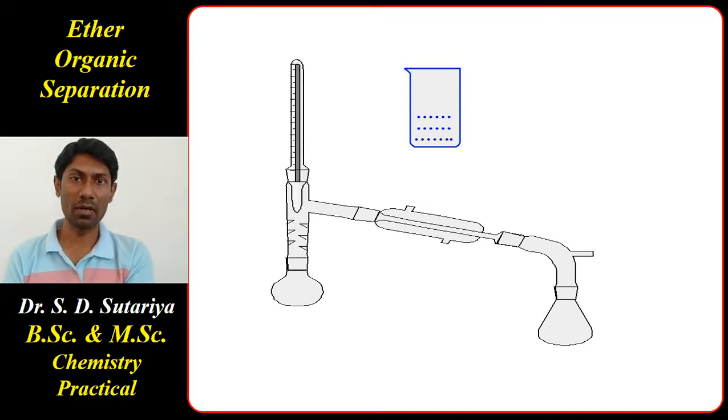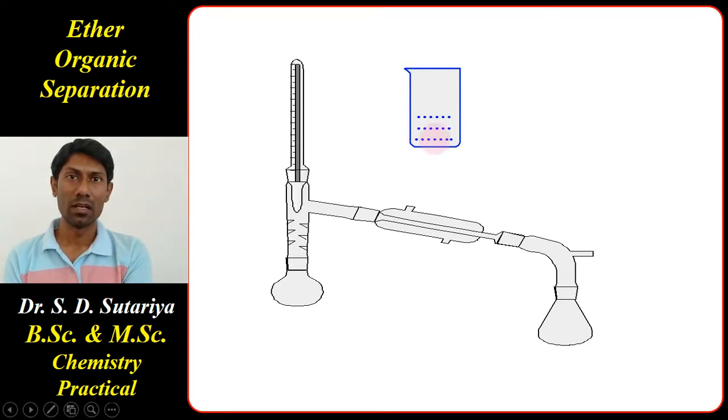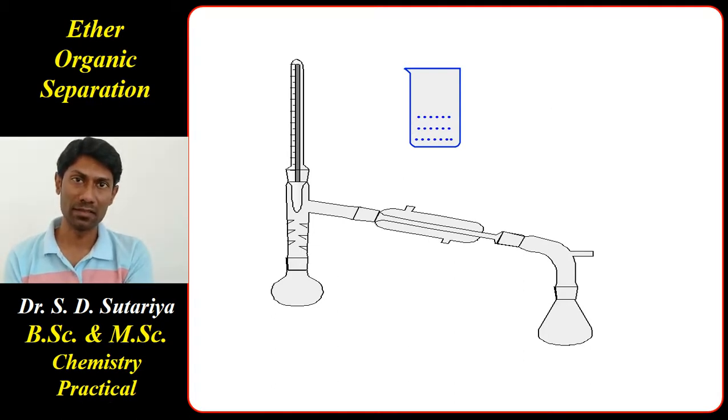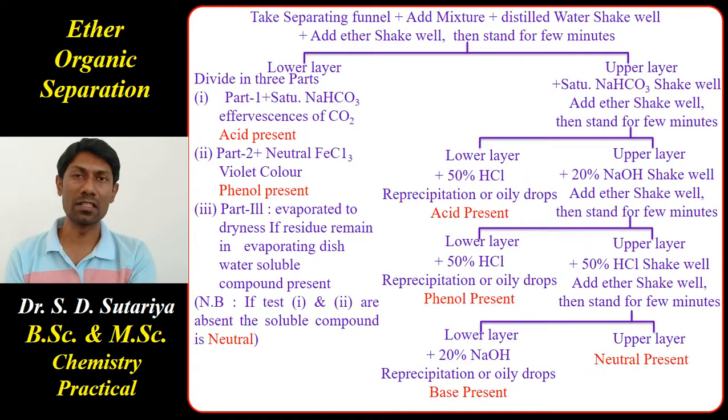But this compound is in ether solution, an organic layer, so carefully reflux in a water bath in a big-size beaker. Clear? Otherwise keep it away from sunlight every time, and then consider this neutral compound.